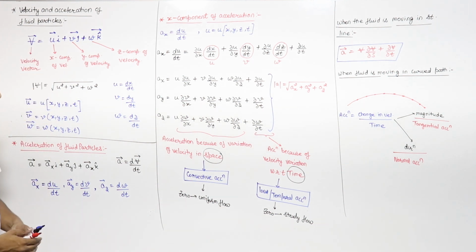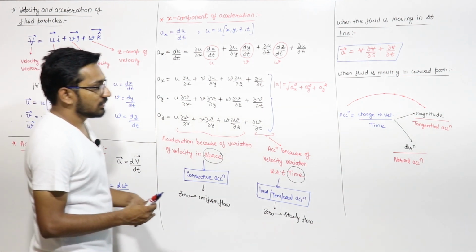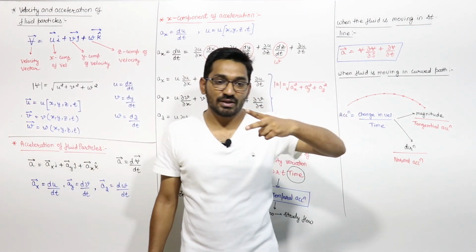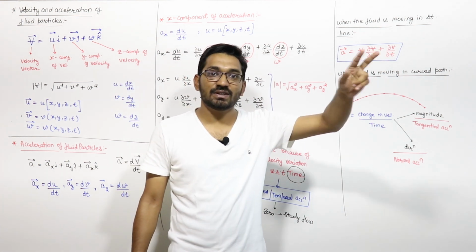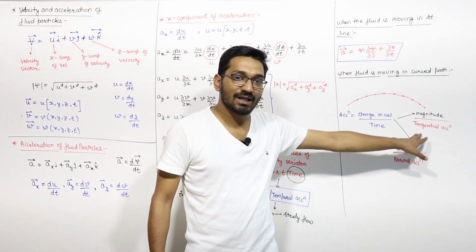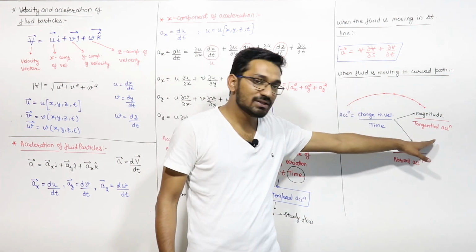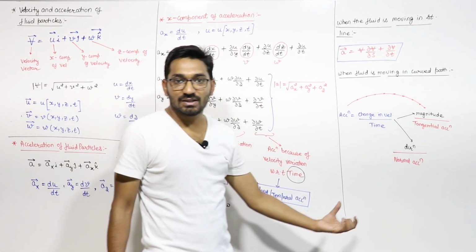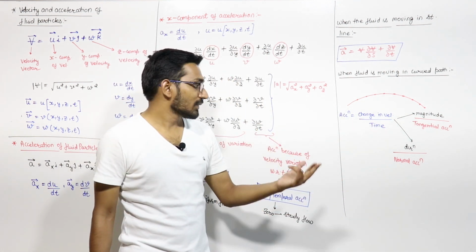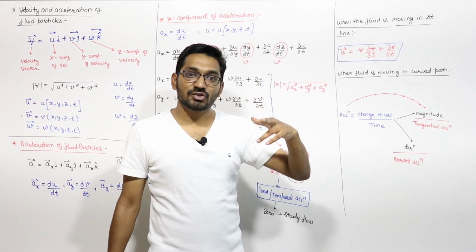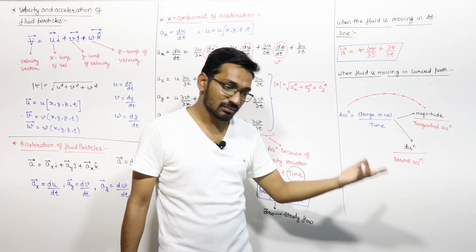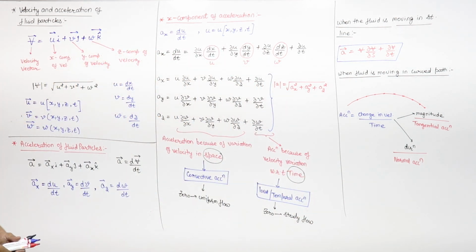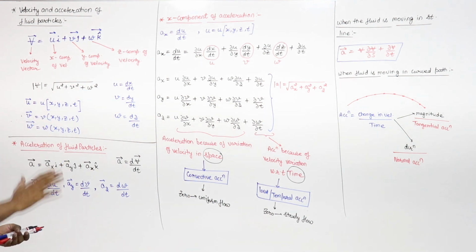Now, tangential acceleration is again of two types, since the velocity may change with space and with time. So we have tangential convective acceleration and tangential local acceleration. Also, the direction can change with space and with time. So similarly, we have normal convective acceleration and normal local acceleration. We will see it with examples later on.